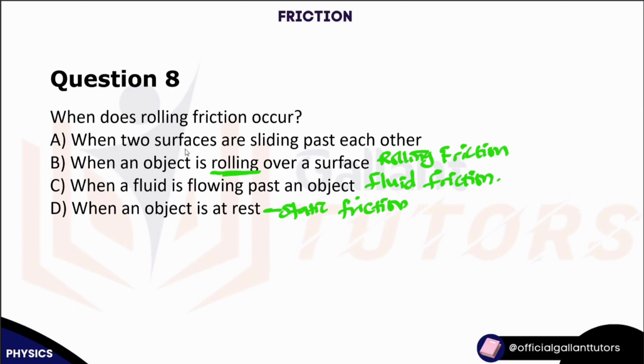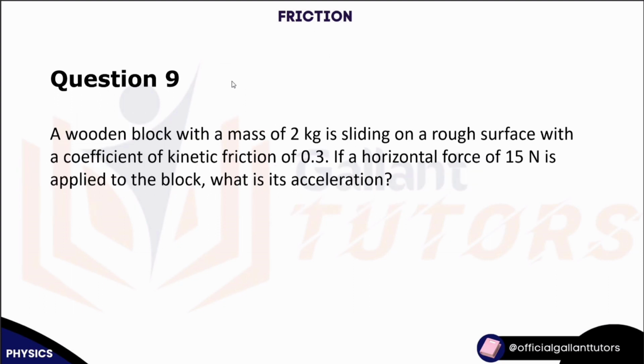Okay, when two surfaces are sliding past each other, when two sliding what? Friction. Alright, so what do you think the answer will be here? B is correct. Good. Alright, question 9.